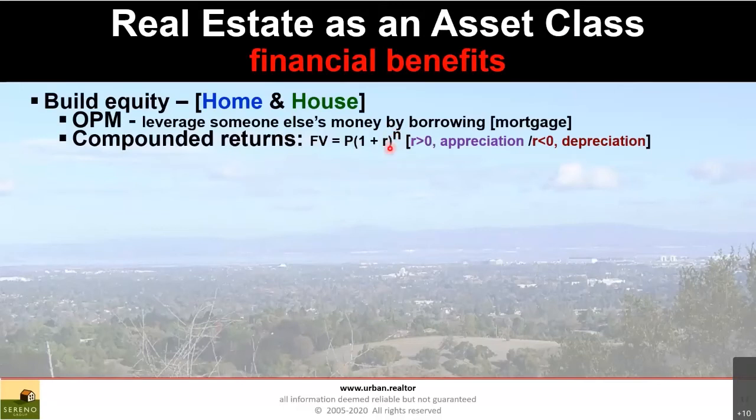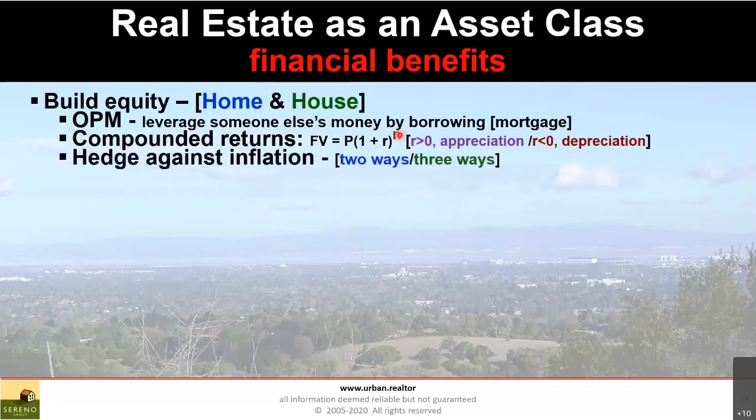As long as the rate of appreciation is greater than zero, you have appreciation, and once the rate of return is negative, it's depreciation, in the sense that the house loses its value. And obviously, the compounding effect, which is exponential, has a tremendous impact on building your net value.